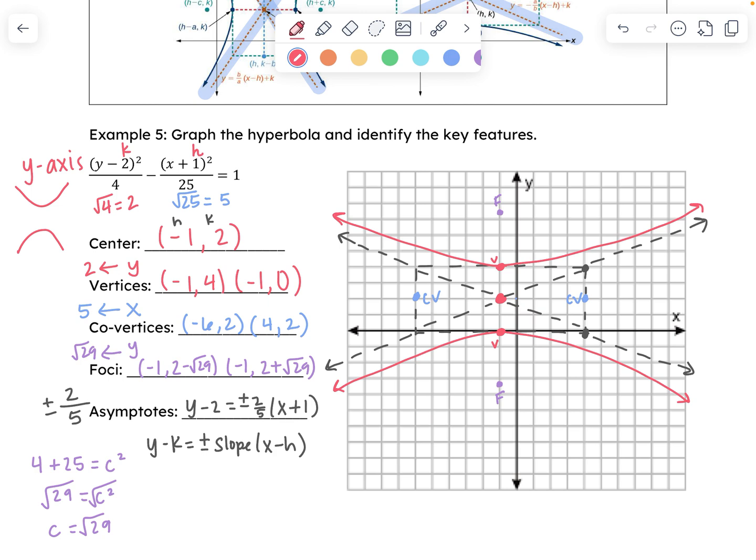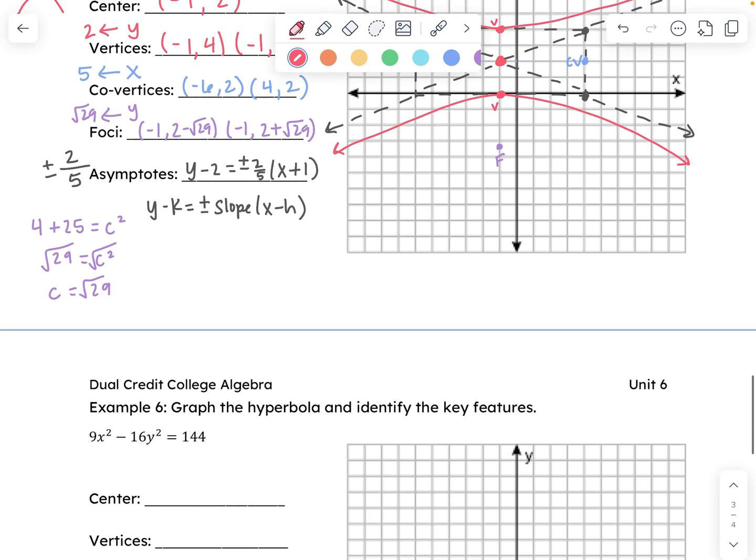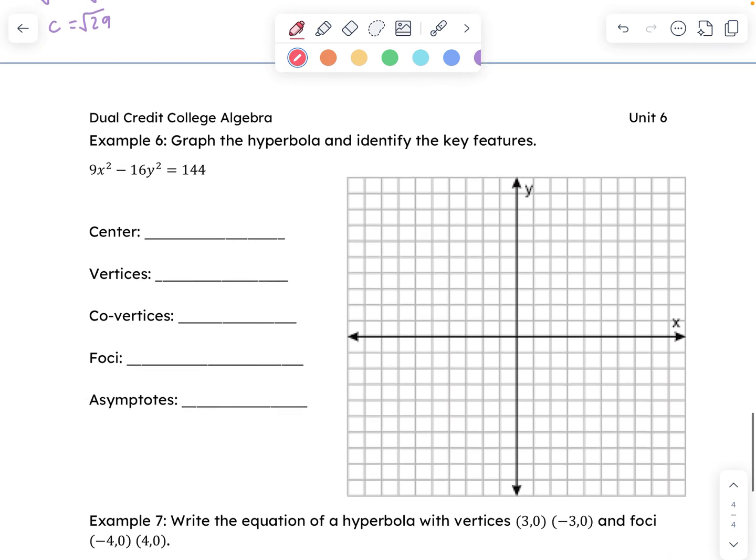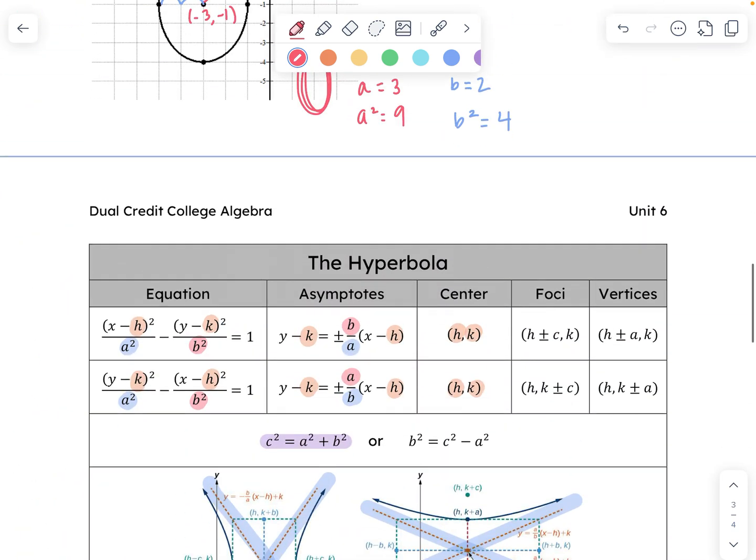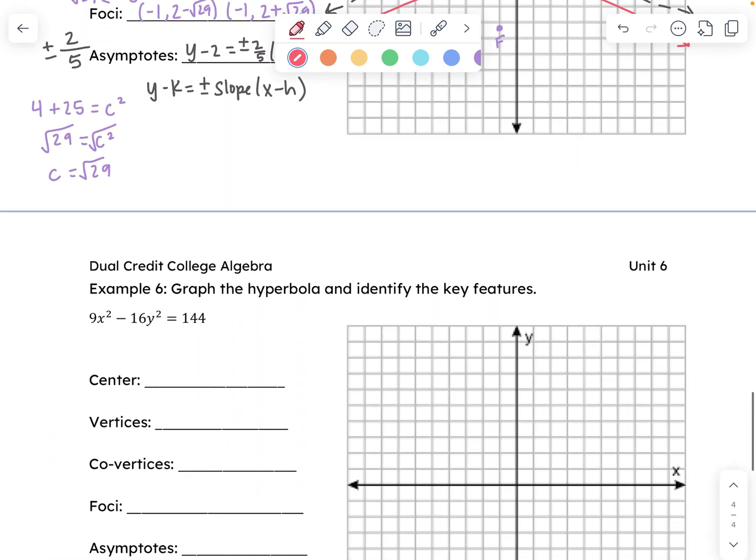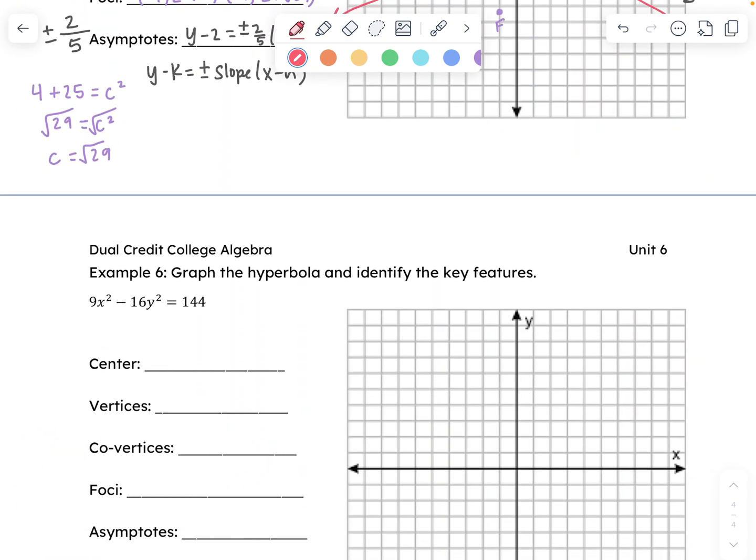Right, let's do another one. And you'll notice this one looks a little funny. Okay, notice that all of our equations equal 1. So we need to make this equation also equal 1. So to do that, I need to divide by 144, because 144 divided by 144 is 1.